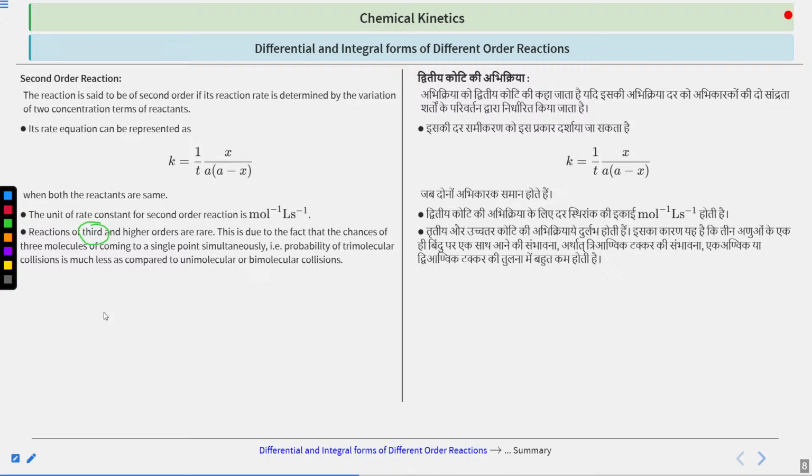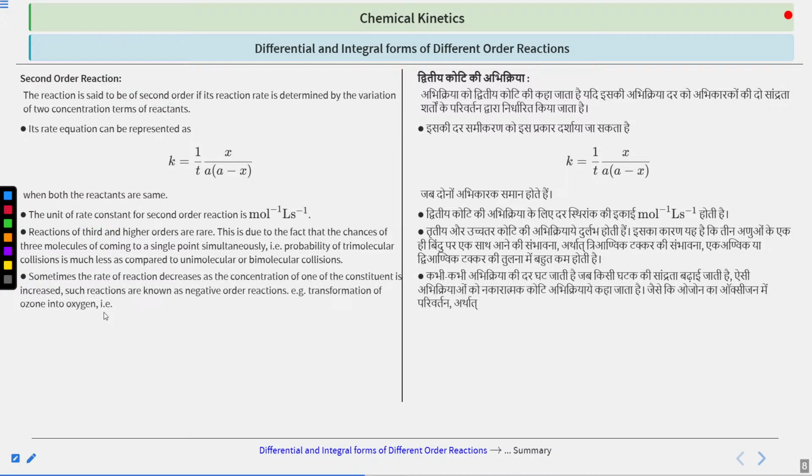The maximum number of molecules that collide together to give the product is called molecularity, but the probability that three molecules will collide at the same time, and that also with a specific orientation, is quite low. For that reason we often see only second order reactions, but third order reactions are very less probable.